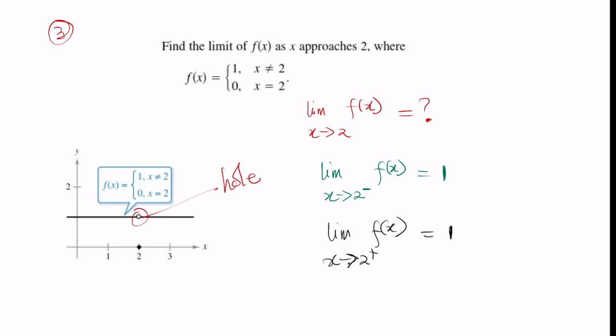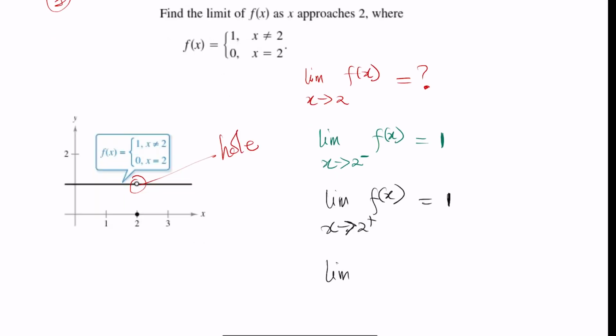So this tells me that the limit as x approaches 2 of f of x is equal to 1. And this is how we use the graphical approach to find the limit.